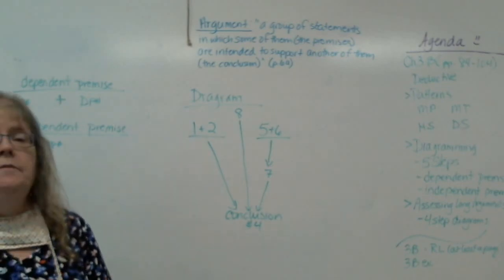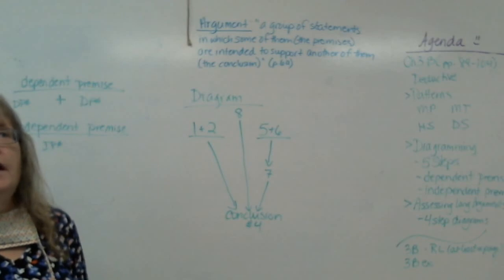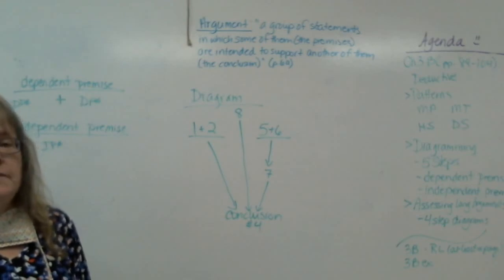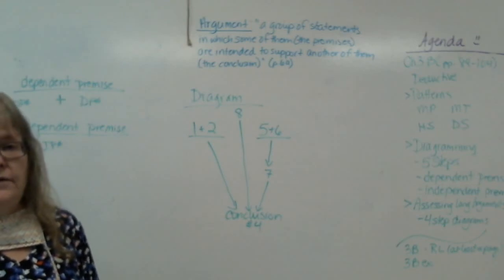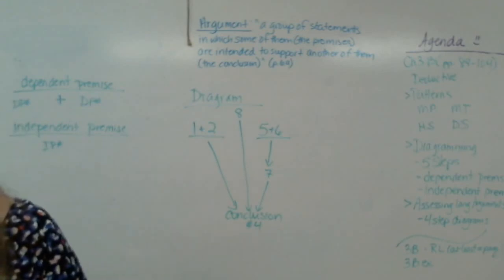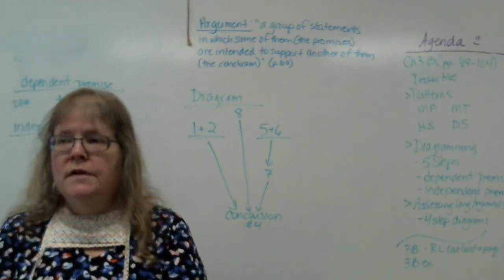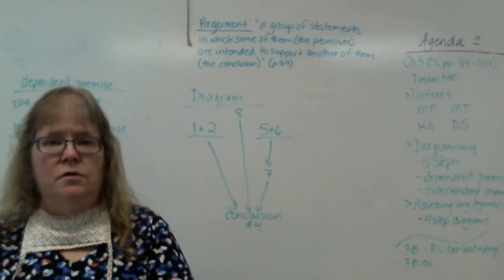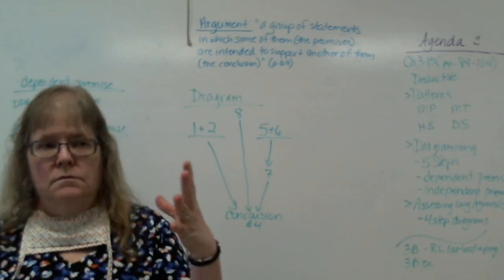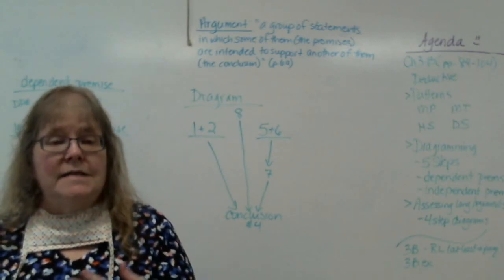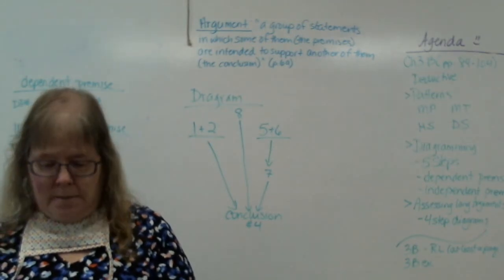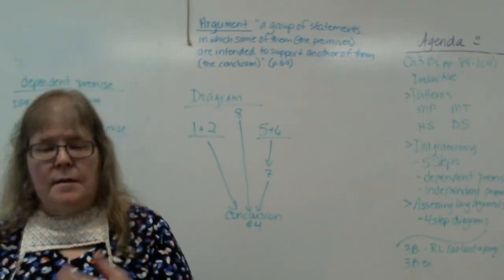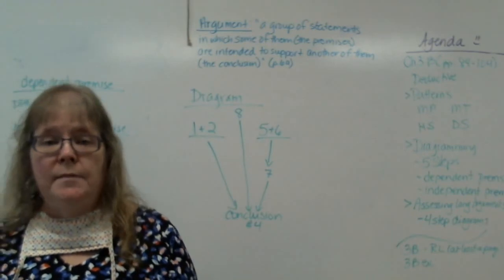There are some problems, some obstacles to overcome in a longer argument. Sometimes there's a lot of fluff. Sometimes only a small portion of the actual article or essay contains an argument. Some of the premises may be implicit.